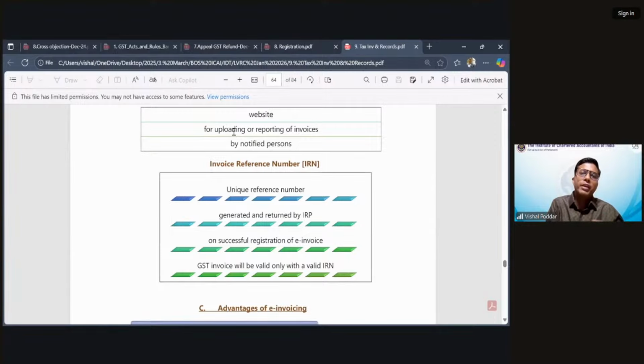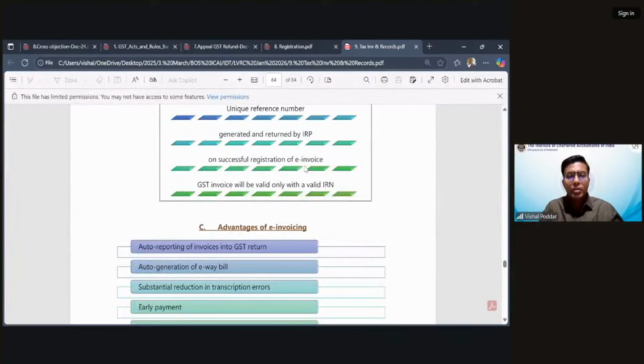That will become one of the entries in the portal, and you will be given a unique reference number, which is called the IRN. This number is a 64 character number, and wherever e-invoice is applicable, as in the above point on the details required to be printed on the invoice, you have to also print this IRN, which is also proof to your buyer and everyone who sees your invoice that this invoice has been generated and the details have been registered on the portal.